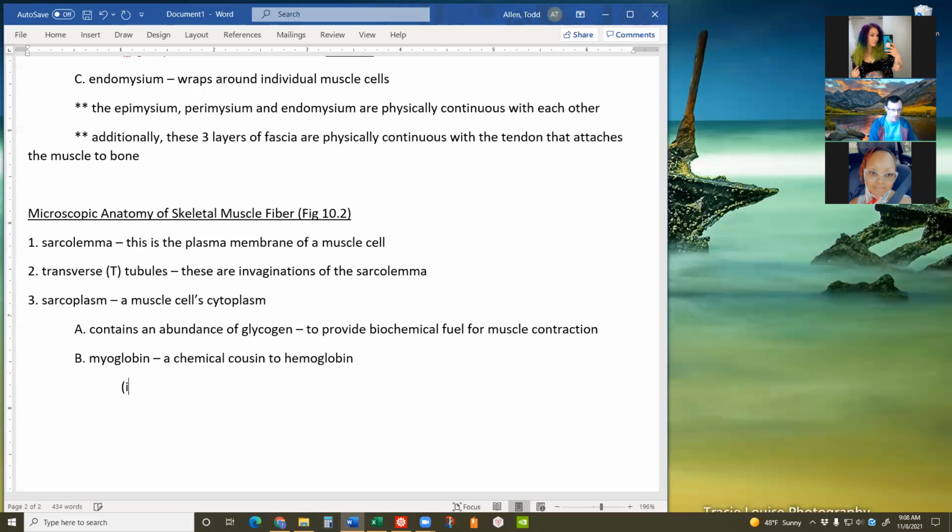The purpose of myoglobin is to bind oxygen and store it for release in the muscle cell when the muscle cell needs the extra oxygen to power that process that you read about in chapter 3 called cellular respiration.